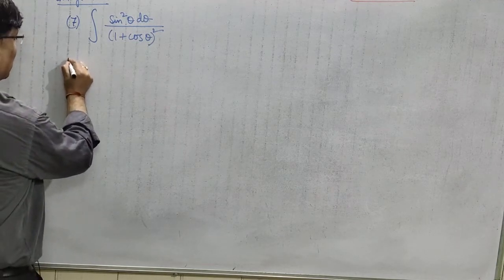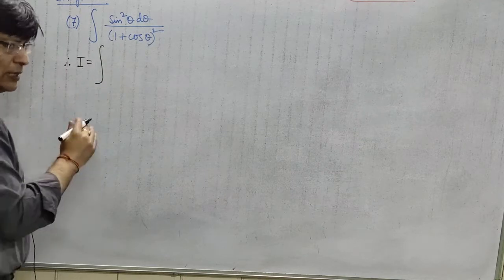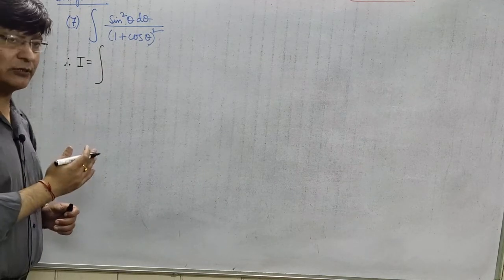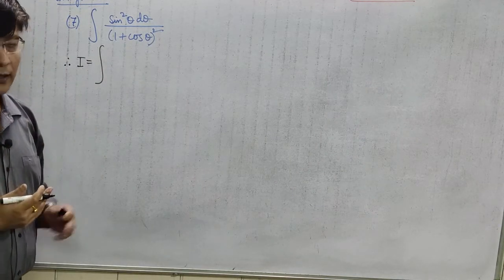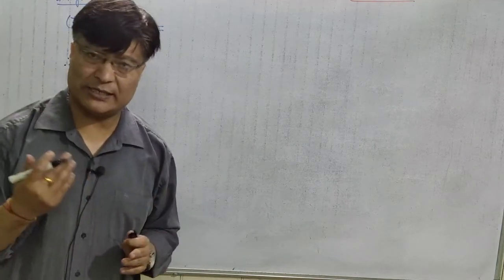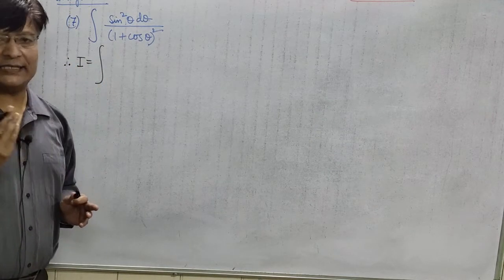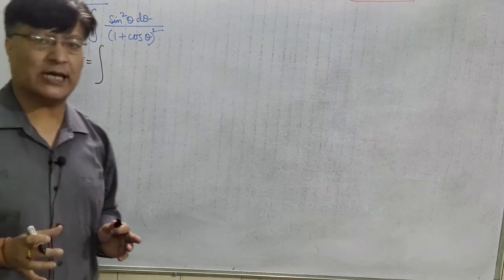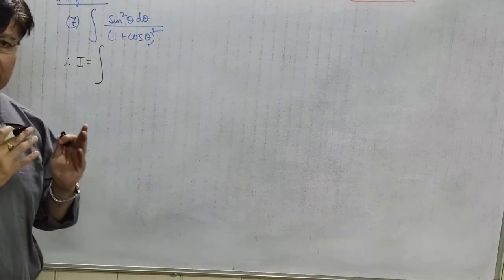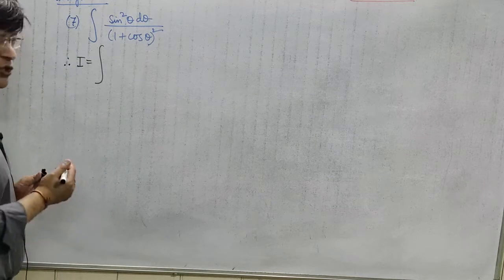So let us first write capital I. This is the integrand which is to be integrated. I already told you that the function which is to be integrated is known as the integrand. So let us write I is equal to, the first letter of integrand is I, that's why we are writing capital I is equal to, that means we are integrating the given function.